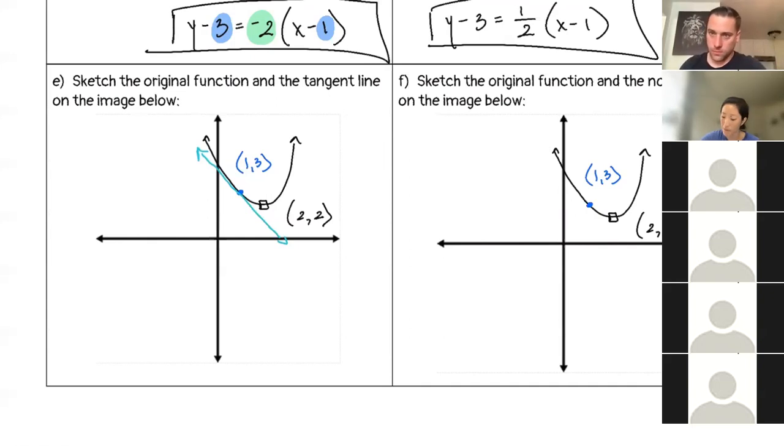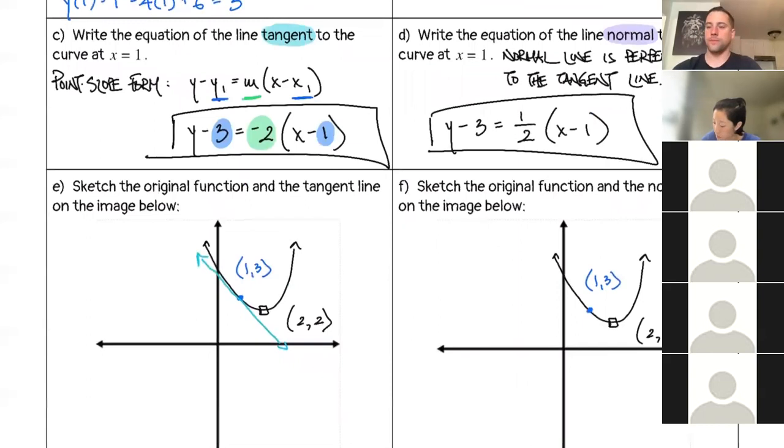Then if I want to draw the normal line, all I'm going to do is go through the same point, but going at a 90-degree angle to that tangent line. Okay, so we've got our tangent line and we've got our normal line.